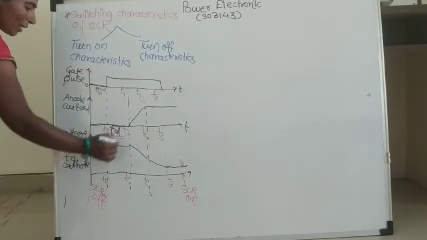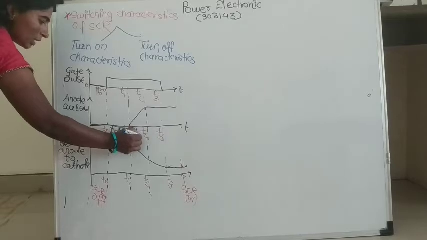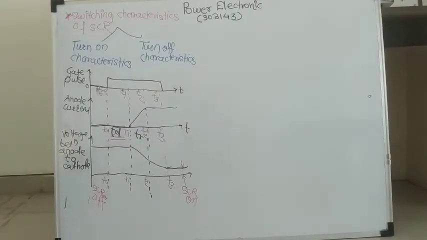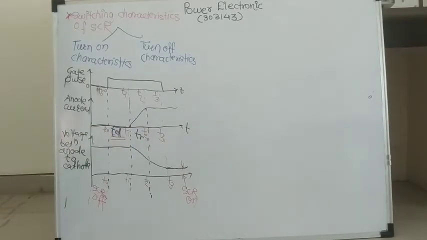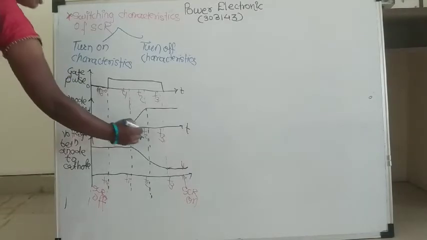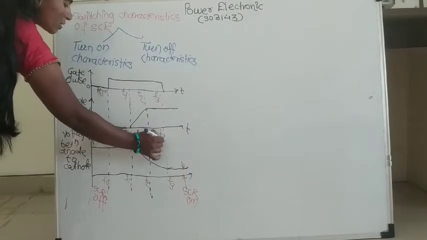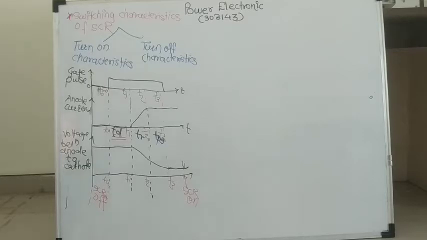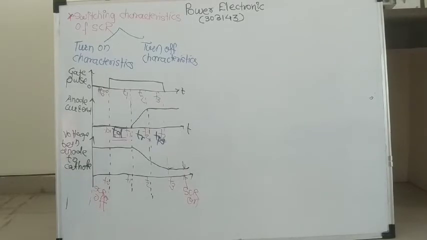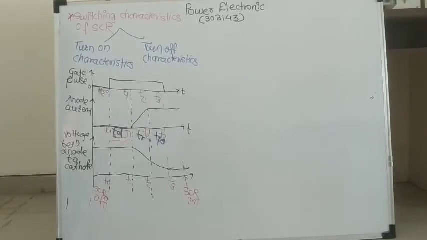This is a delay time, this is a rise time, and third one is TPS, that is plasma spread time. These are called the turn on characteristics of SCR.